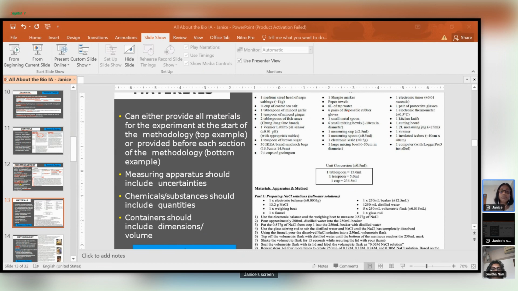In that time, the teachers have to do practicals, and in the practical activities, the teachers have to teach all these things. So that 6 to 7 months is needed for the student to get prepared for the IA. They conduct the practical, but when they write the practical report, they have to write in this manner.